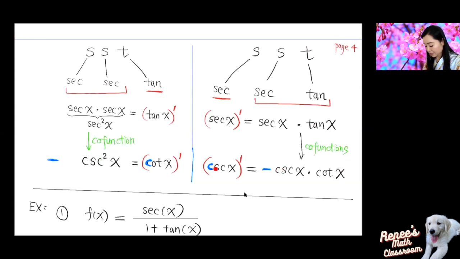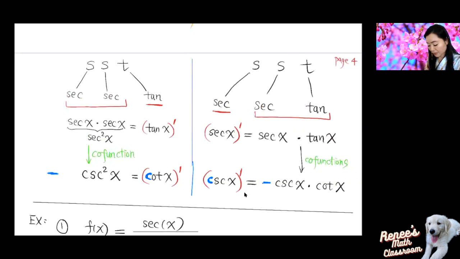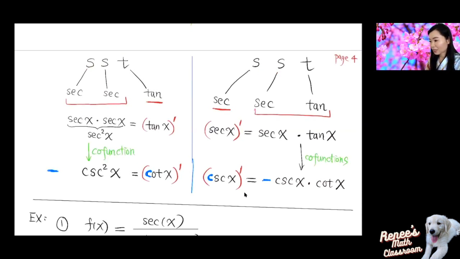And similarly for this, the derivative for cosecant x, this is the co-function of this. The co-function of secant is cosecant, and the co-function of tangent is cotangent. And because this is a c here, the trick to remember is you put a minus sign in front. So that's the SST rule. The derivative of tangent is secant squared. The derivative of secant is secant times tangent. So that's one trick I share with you.